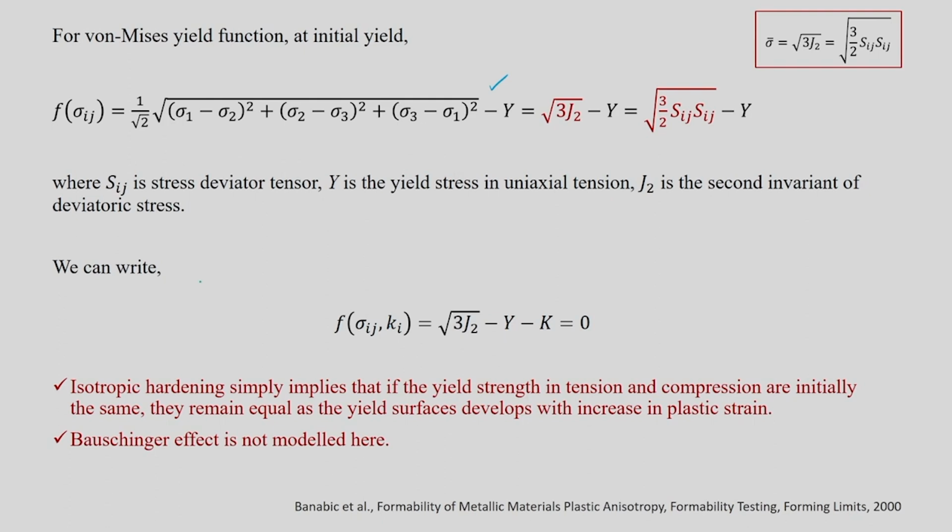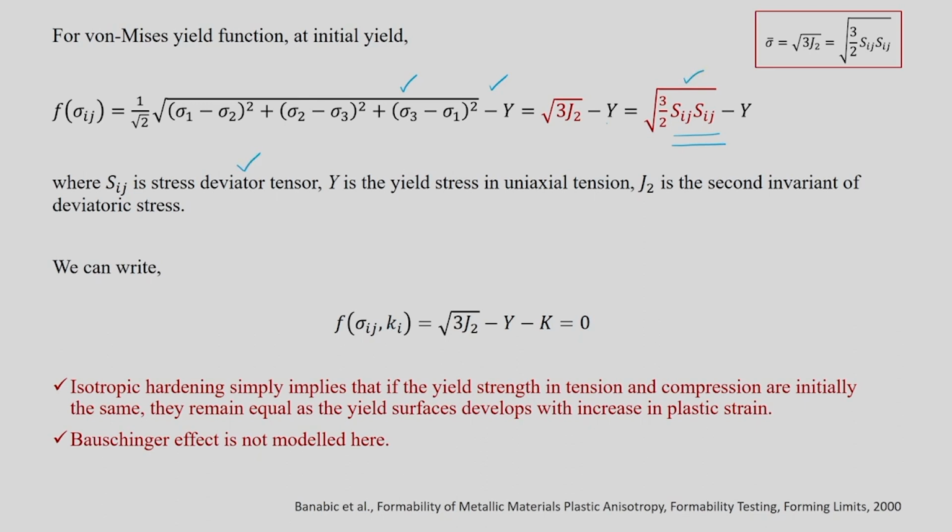The same equation. This equation is well known to us, and we can write the same equation in 2 other forms. One is using J2, the other one is using deviatoric stress. Square root of 3J2 minus y, where y is the yield strength, which is also equal to square root of 3 by 2 into Sij minus y. What is Sij? Sij is nothing but the stress deviator tensor. This also we have seen in expanded form.